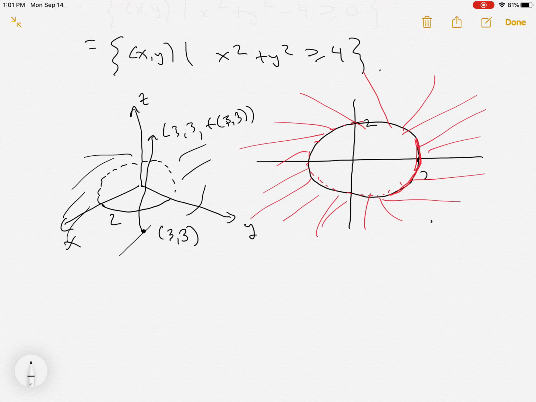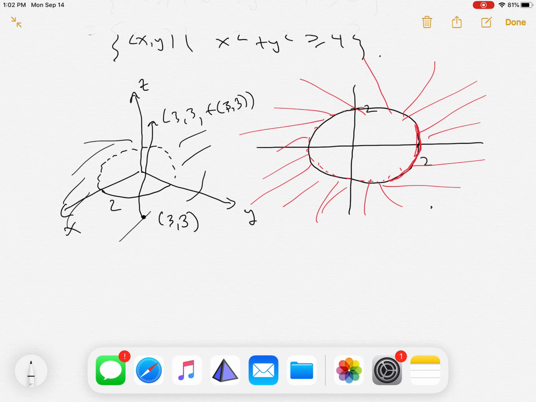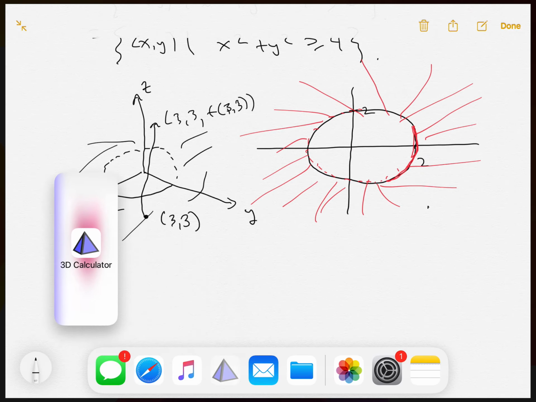But these pictures are already getting really sloppy, so let's use some technology here, because I think that's the right thing to do. And I've tried this a bunch of times, so I'm going to do my best to get this to work. I'm going to pull up GeoGebra, but you have to hold this down, and it gives you a split screen.